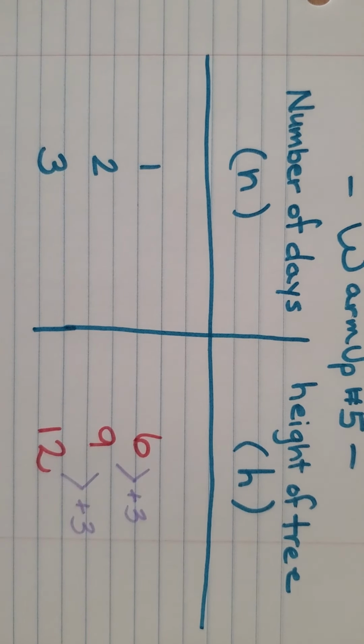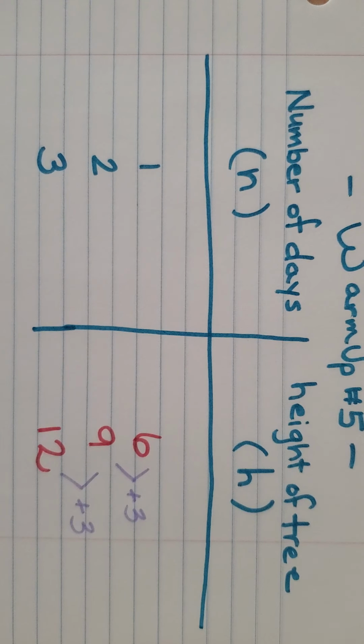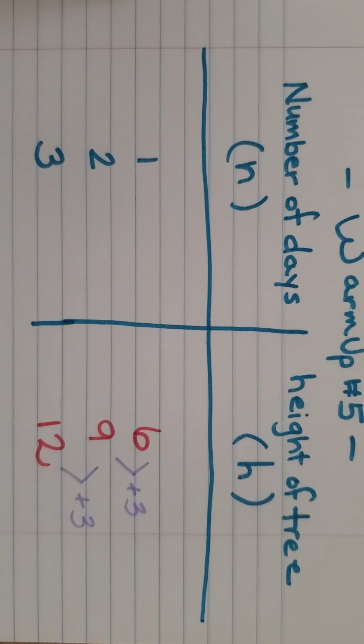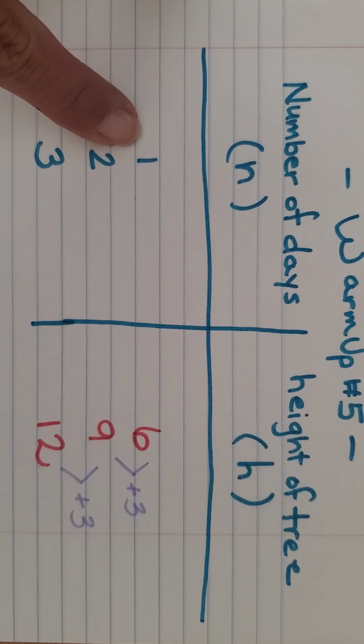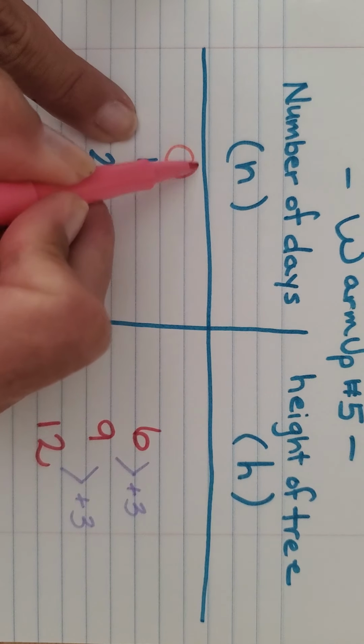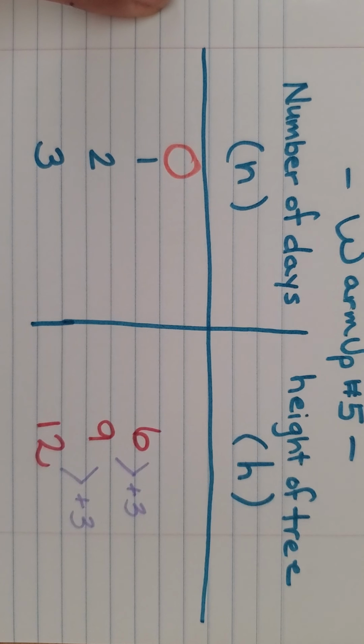So the first question on this warm-up after we've created a table is, how many millimeters tall was the tree when it was planted? After a day, the tree was 6 millimeters. I want to know how tall the tree was on day 0, the day it was planted.